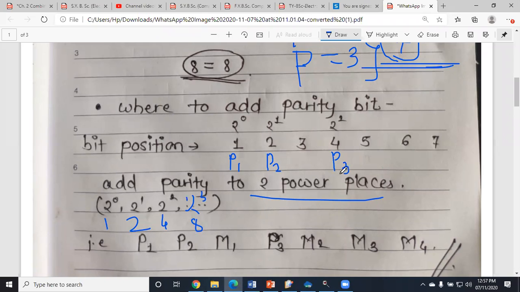Can I repeat? परत सांगू का एकदा काय केलंय? हे खूप इम्पॉर्टंट आहे. Once you know this, you will be able to solve Hamming code easily. Yes? Should I repeat? Okay.